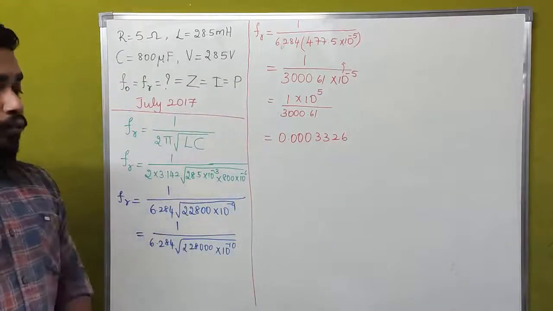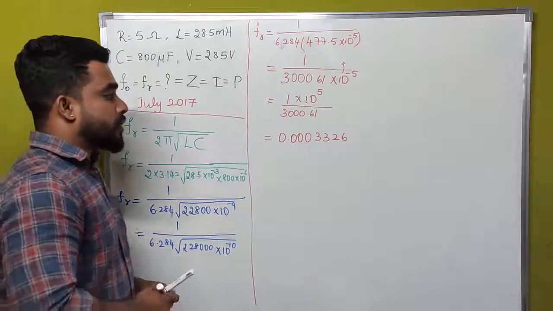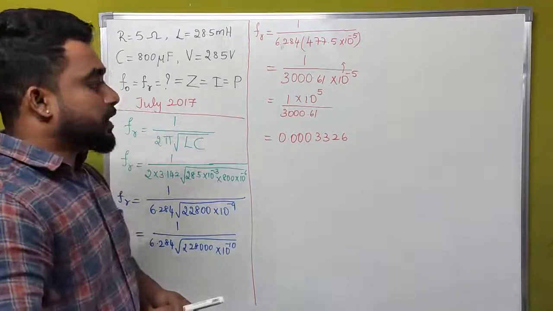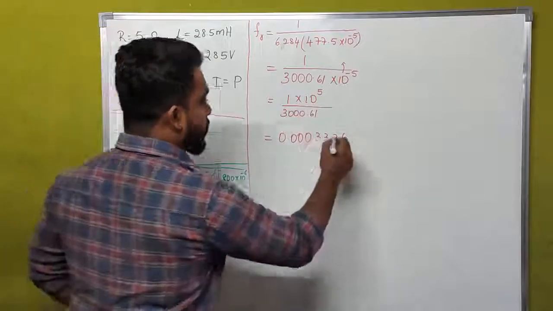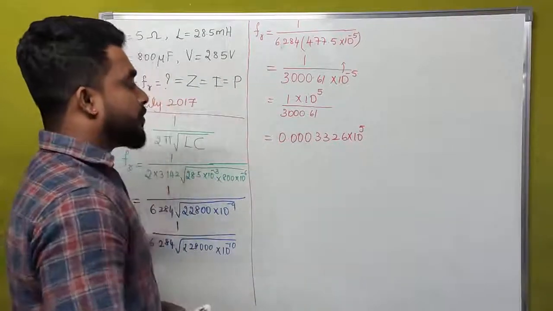The value of 1 divided by 3000.61 is equal to 0.0003326 into 10 to the power of plus 5.